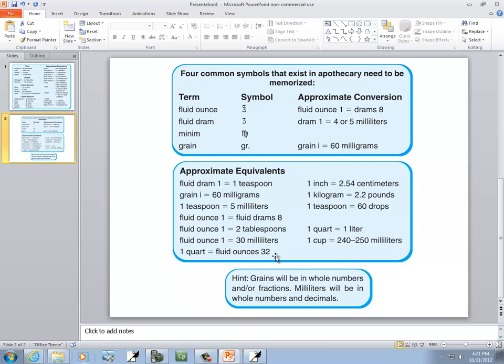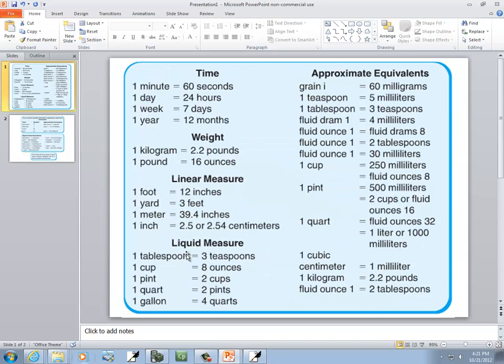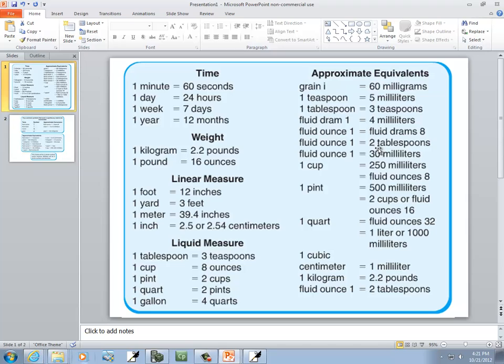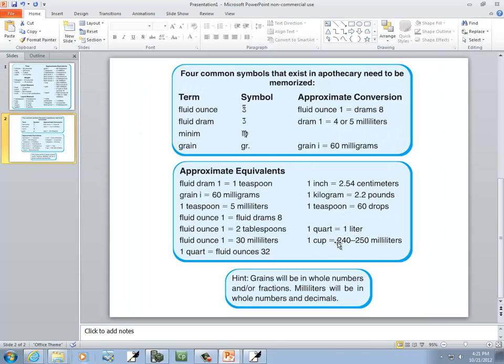Tablespoons, I don't see anything. Tablespoons, teaspoons. Here's 1 fluid ounce is 2 tablespoons. Wait a minute, I'm changing milliliters. Tablespoons and milliliters. Well, 1 teaspoon is 5 milliliters, so maybe I ought to go with that.